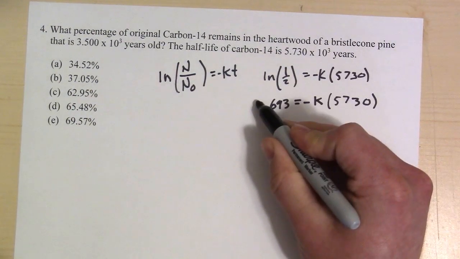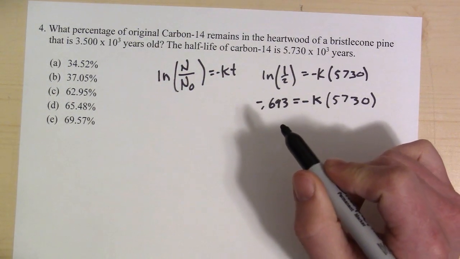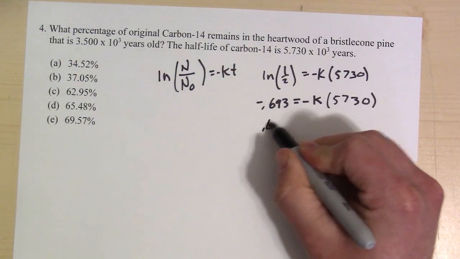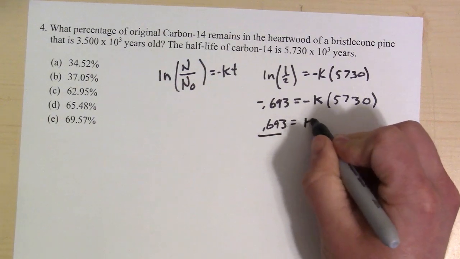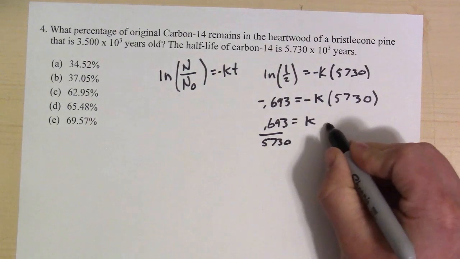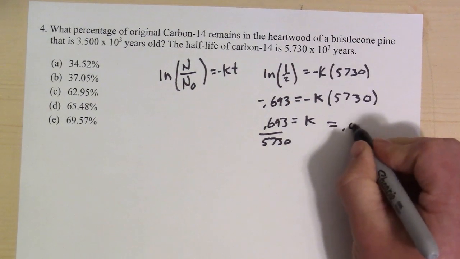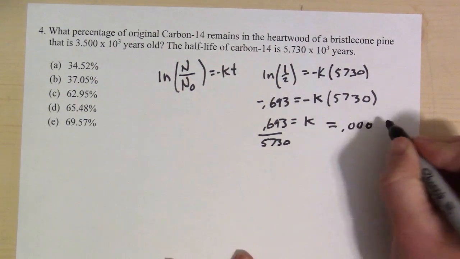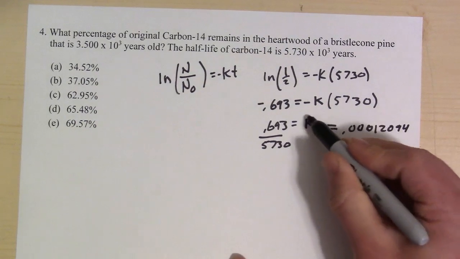So this is negative 0.693. So there, 0.693 divided by 5,730 equals k when you divide each side. So that gives us that our k value is equal to 0.00012094.